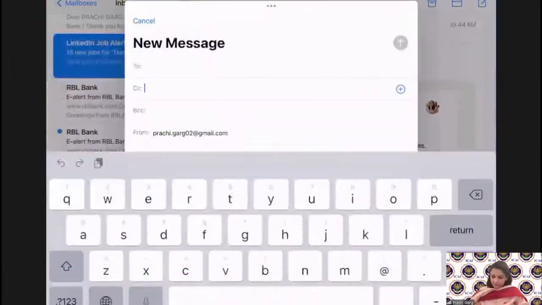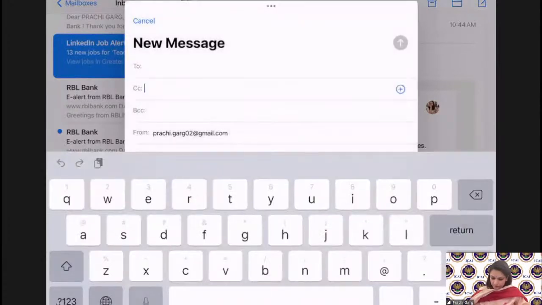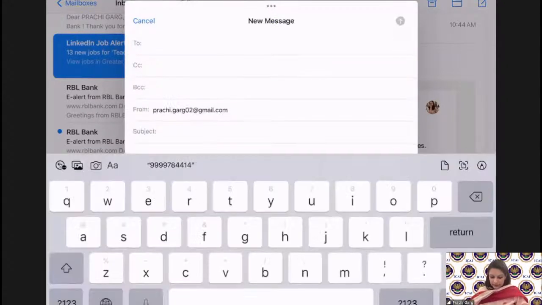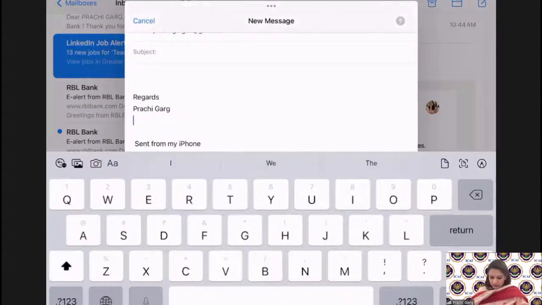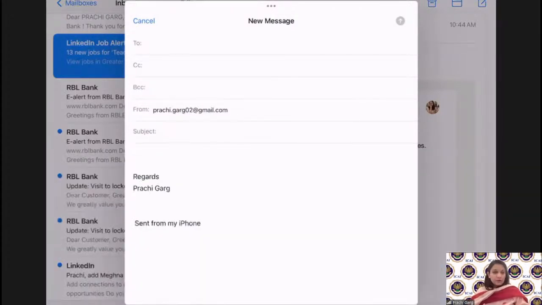Okay. So if you see this, there is To, there is CC, there is BCC, there is From, and then there is the subject line, and then comes the body of the email. Am I clear?